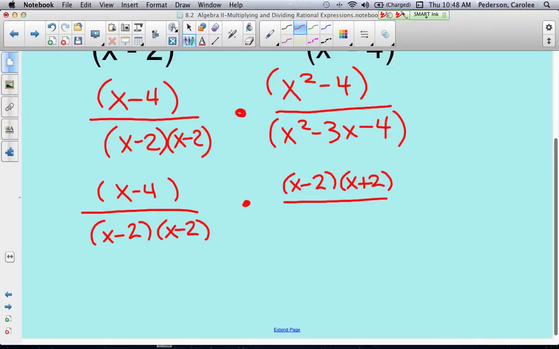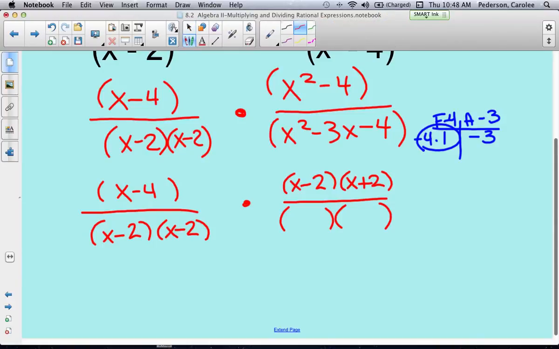Then the denominator, we want to factor that. Well, that's going to be using the t-chart. So we say, what are the factors of negative 4 that add to negative 3? Well, negative 4 times 1 adds to negative 3. So we'll split up the x's, and then the minus 4 and the plus 1 are in the other two places.